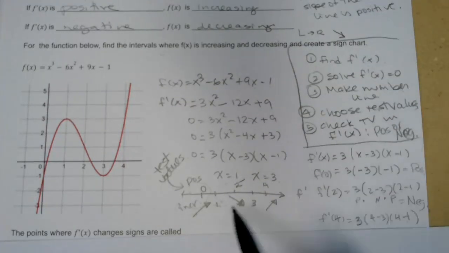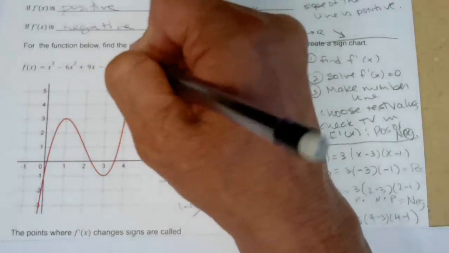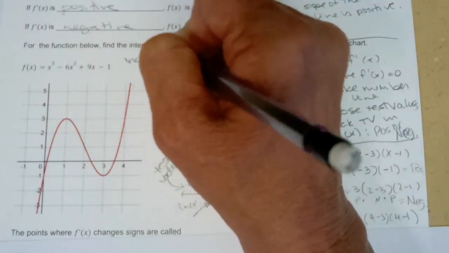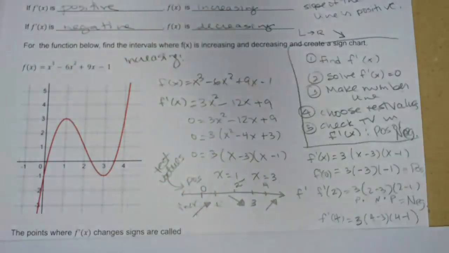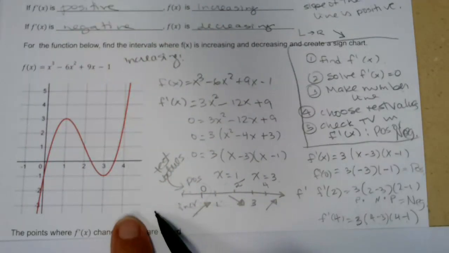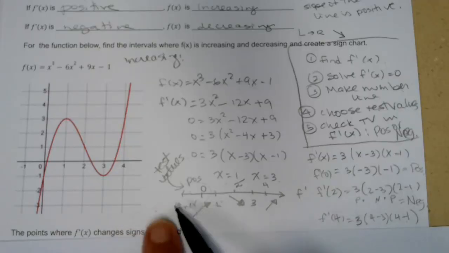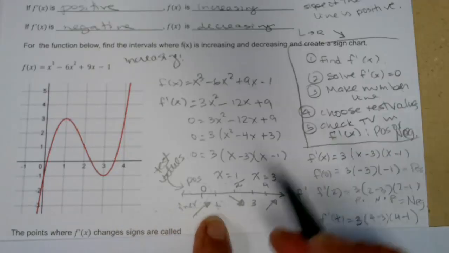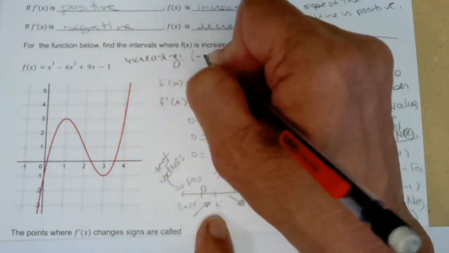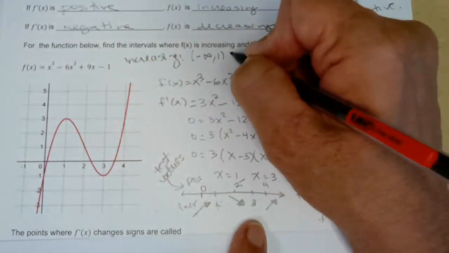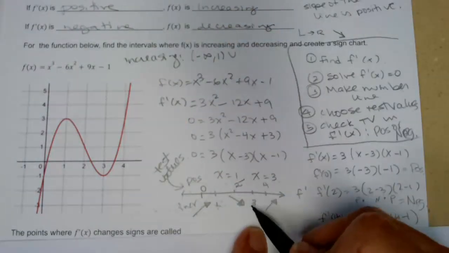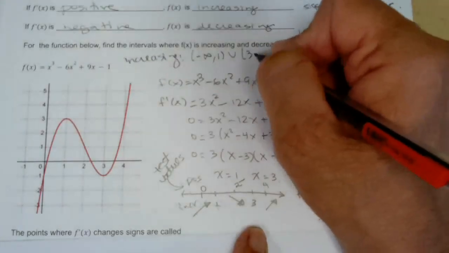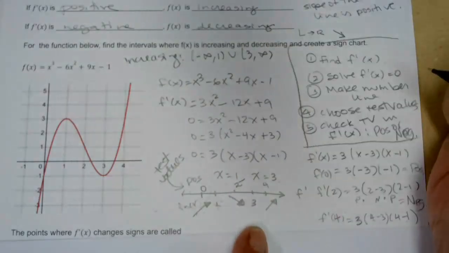Okay. So my function is increasing on what intervals? Okay. Increasing from negative infinity to 1. Remember, we're taking those 0 values. And then it increases again from 3 to infinity. Okay.